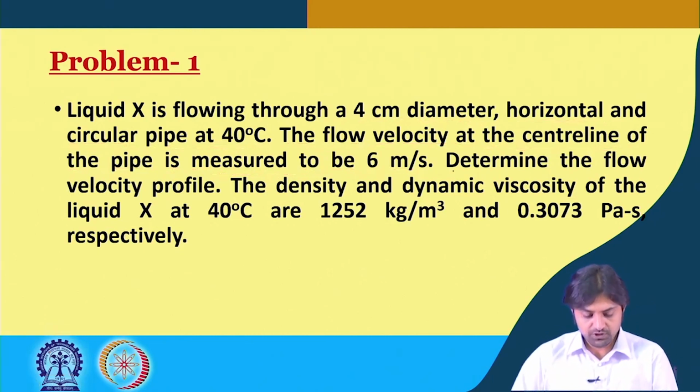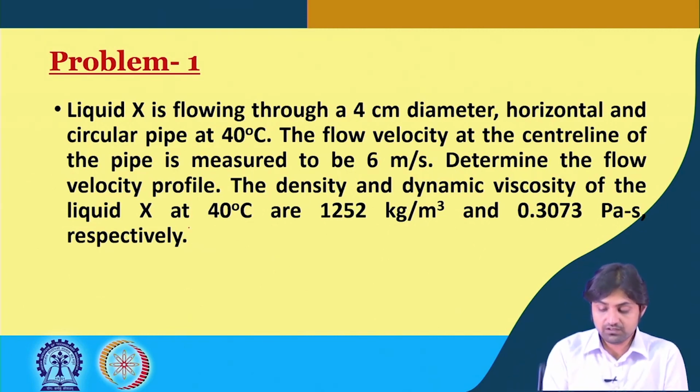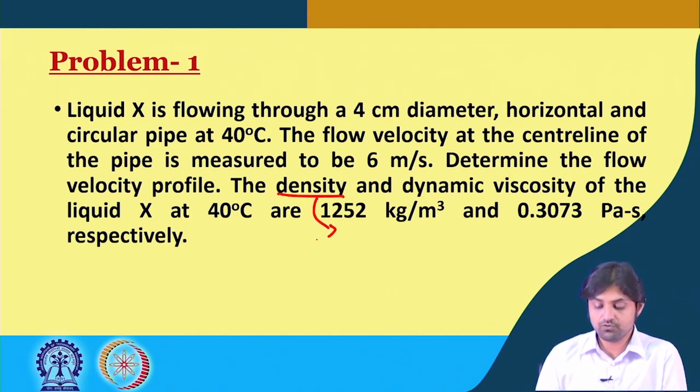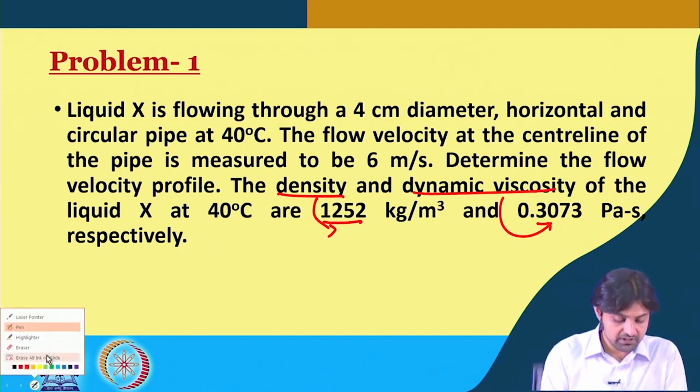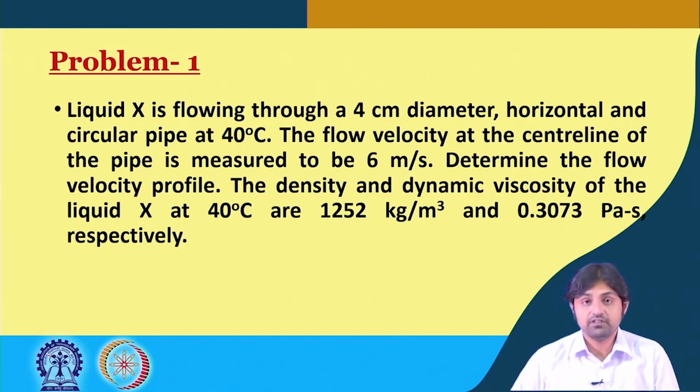We have to determine the flow velocity profile. The density and the dynamic viscosity of the liquid X at 40 degree centigrade are given: the density is 1252 kilogram per meter cube, and dynamic viscosity is 0.3073 pascal second. So they have told us certain pieces of information, and we have to solve this problem.